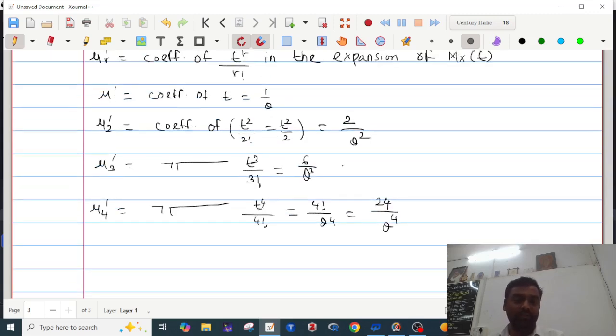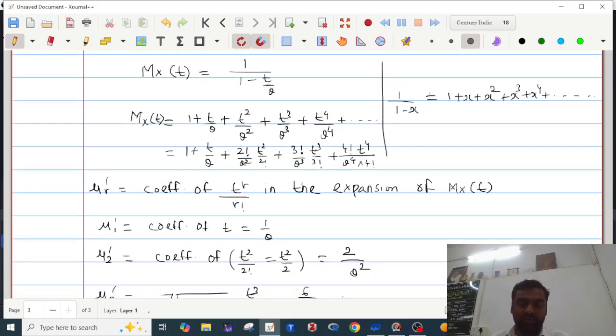This way we can obtain the moments by using MGF. So students, on the basis of MGF we obtain the moments. What is the purpose? By obtaining these moments, we can find the central moments so that we can interpret the nature of the distribution.